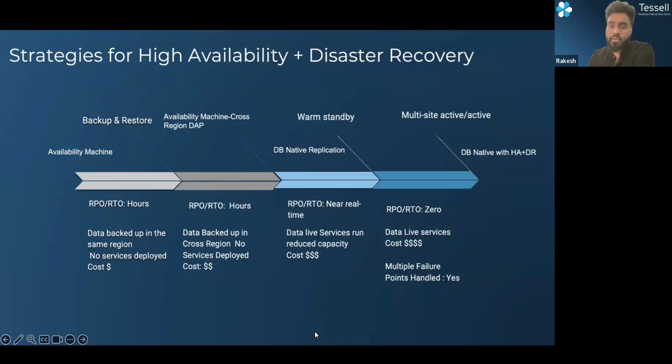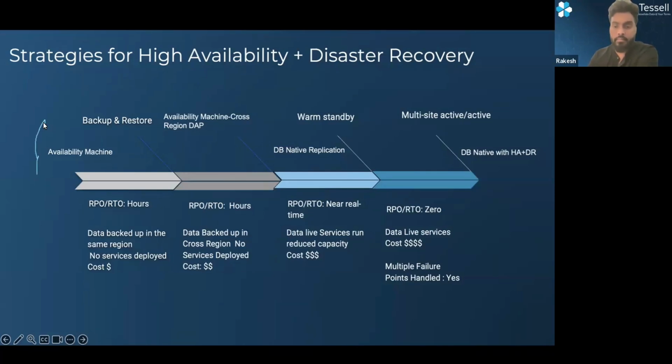So can you help us understand in which customer scenarios you have found enterprises to be just fine with a warm standby configuration, and enterprises actually needing a multi-site DR setup? Because both of them come with different investments, right? So in which scenarios do you feel our customers would need a warm standby or, for example, a multi-site DR configuration as well?